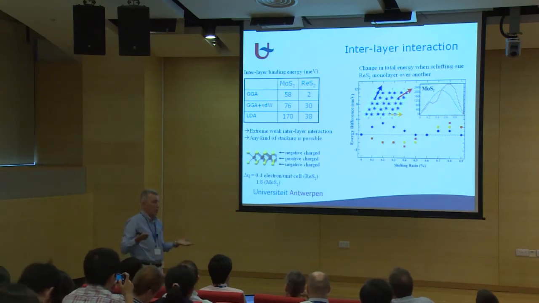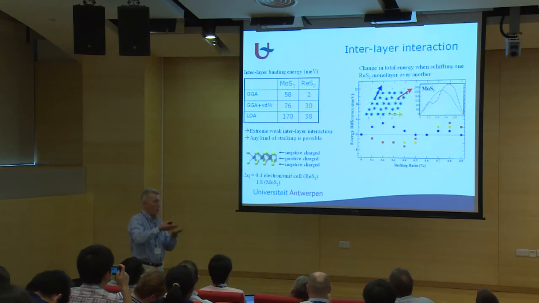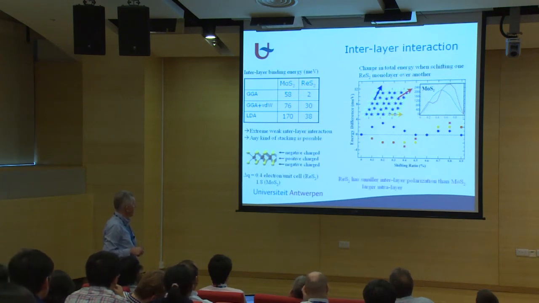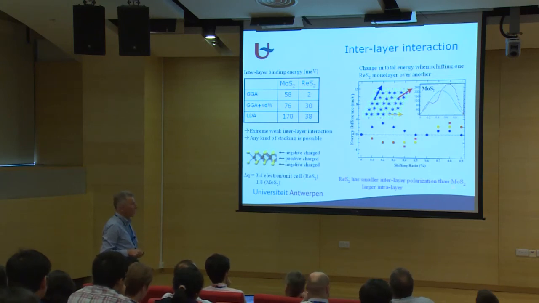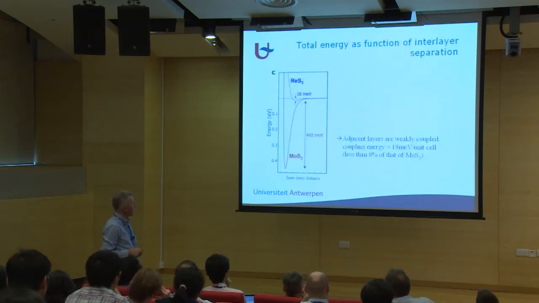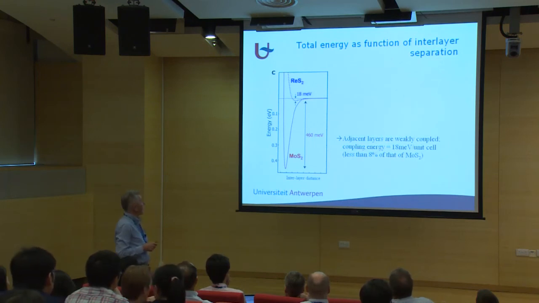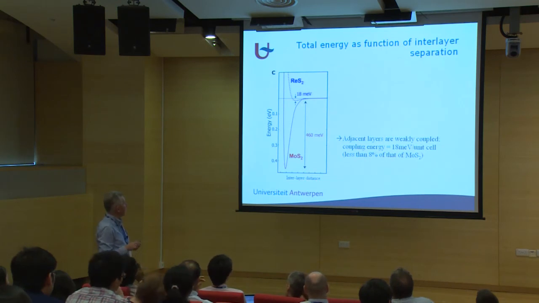And we know the van der Waals interaction is a result of charge fluctuations, so it's directly related to the possibility that you can polarize the system. So that means that rhenium disulfide has a much smaller interlayer polarization than molybdenum disulfide, but of course a larger intralayer polarization. Now, if we calculate the total energy as a function of the interlayer distance, also here you see a dramatic difference.